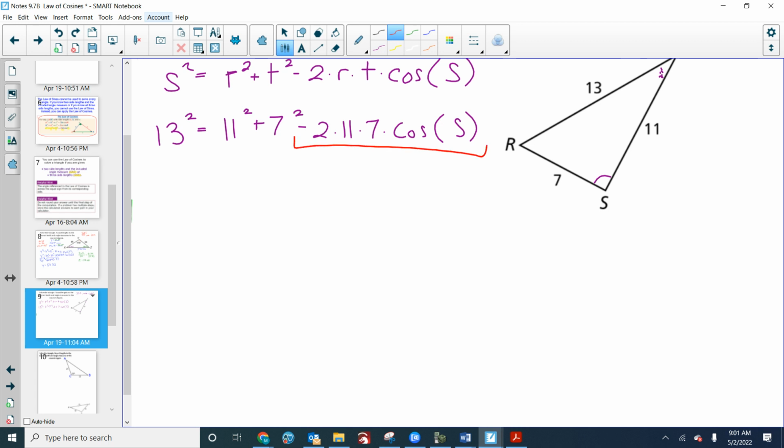Isn't this all one chunk with multiplication? So if I want to move these over to get cosine of S by itself, I have to subtract. So I have 13 squared minus 11 squared minus 7 squared equals -2 times 11 times 7 times the cosine of angle S.